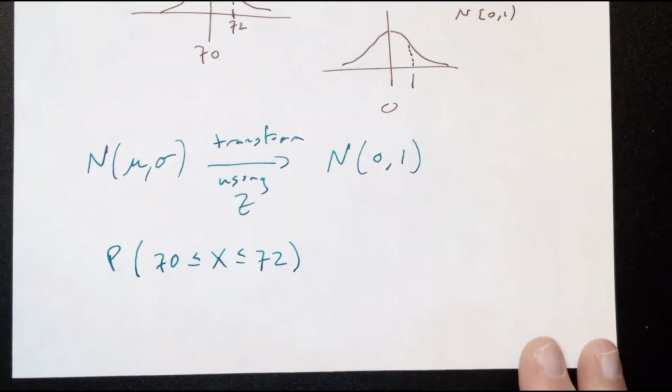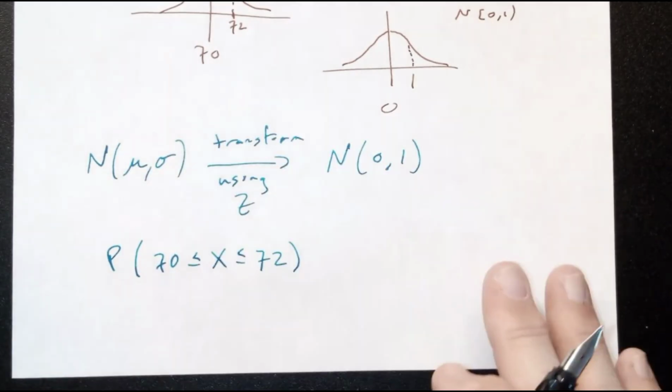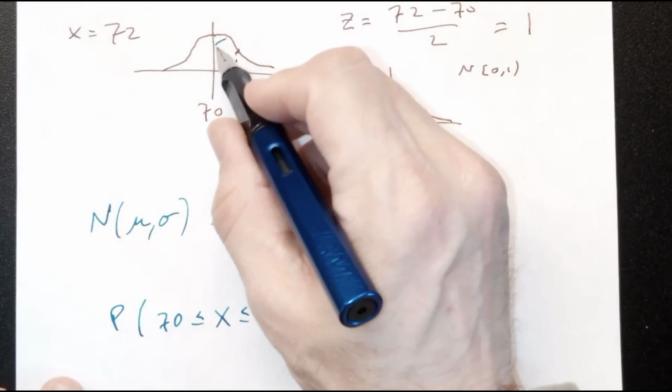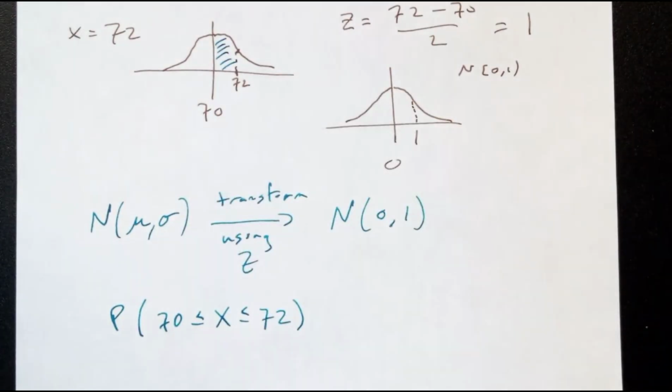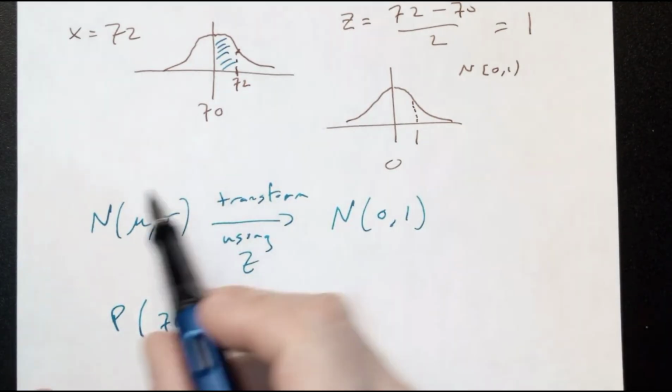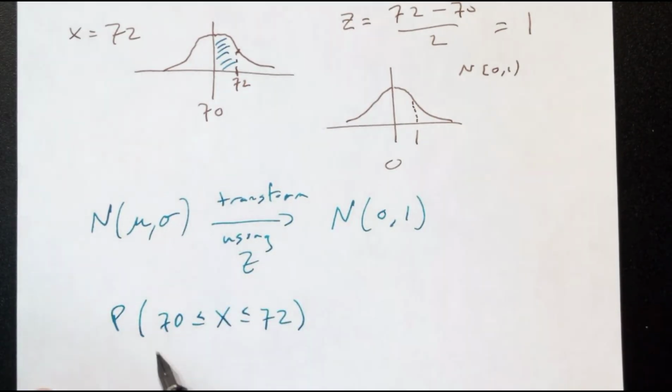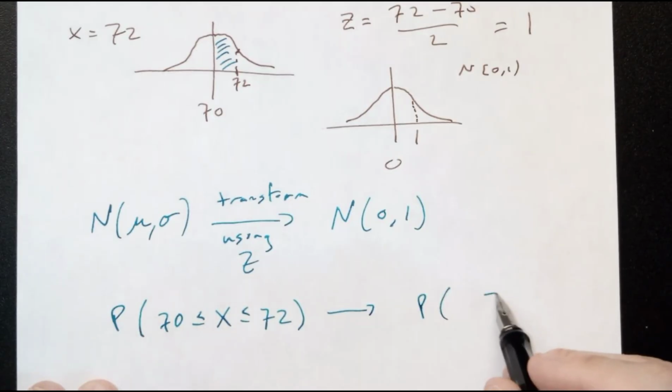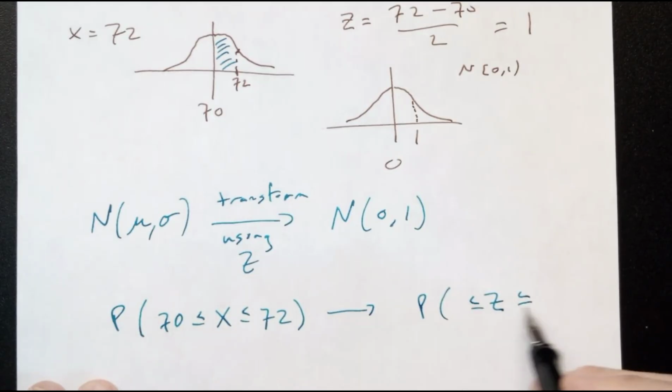Remember, that's our average. That's where we have this person. I would need to figure out the area between 70 and 72 in this picture, right? That's not easy. But if I transform here, then these x's become z's.